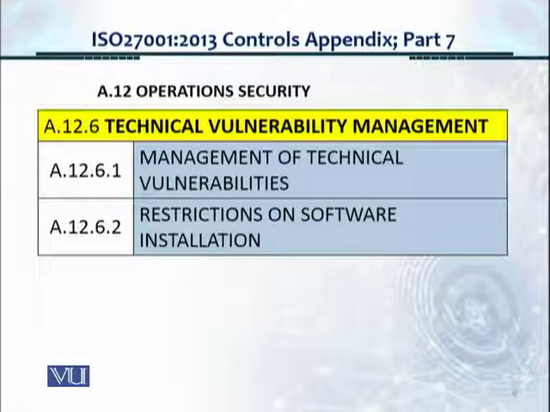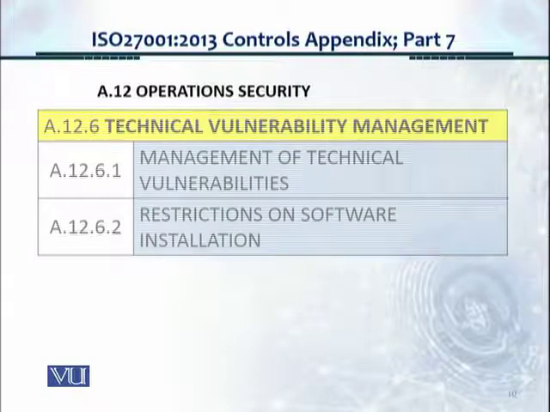And then moving on, we have technical vulnerability management, 12.6, the sixth control objective under operation security, management of technical vulnerabilities, which is your vulnerability management through a scanner like Nessus or Qualys, and restrictions on software installation once again.